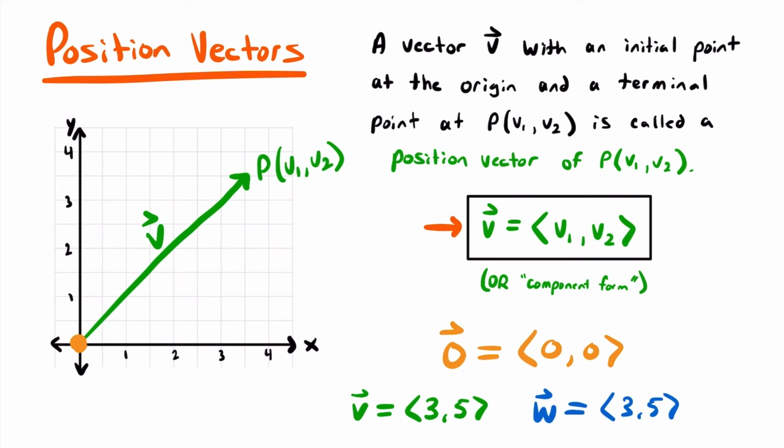They are both vectors that start at the origin and have a terminal point of 3, 5. And so since their components are equal, the x components are the same and the y components are the same, we would say that those vectors are equal. They are the same. So we could write an equal sign between those two vectors.